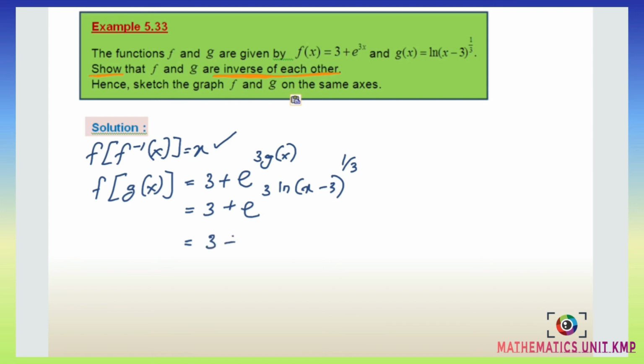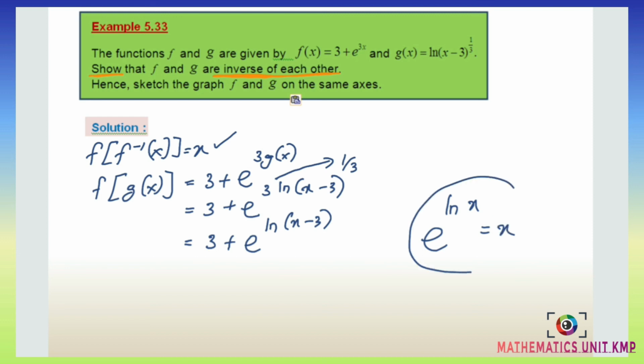Using the power rule, e to the ln(x minus 3), and the concept e to the ln x equals x. Therefore, 3 plus x minus 3 equals 3 minus 3 plus x equals x.